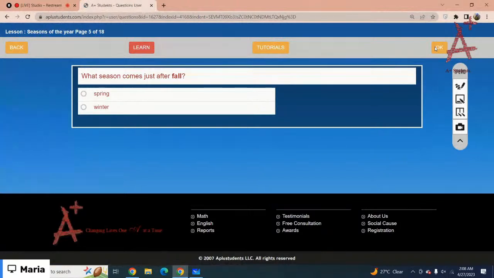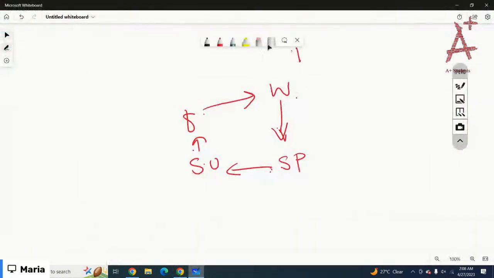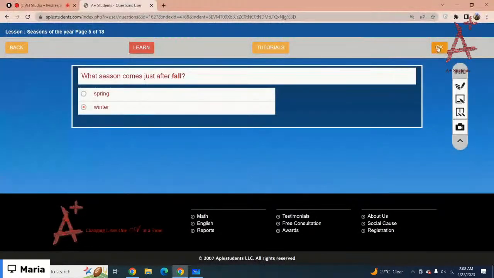Okay. What season comes just after fall? So which one is after fall? It would be winter. You can see the cycle. Here is the fall. So after the fall you have winter. Got it? So after fall the season is winter.